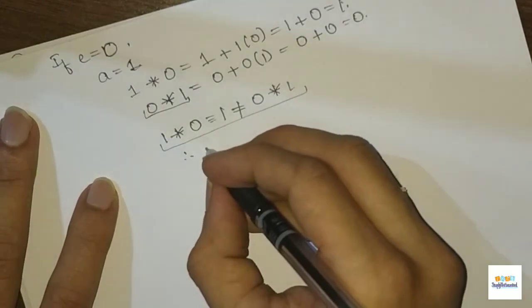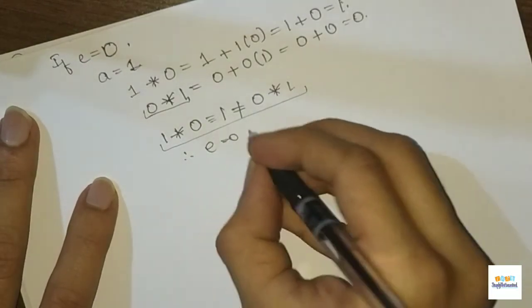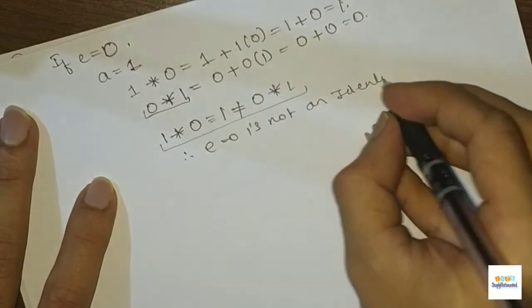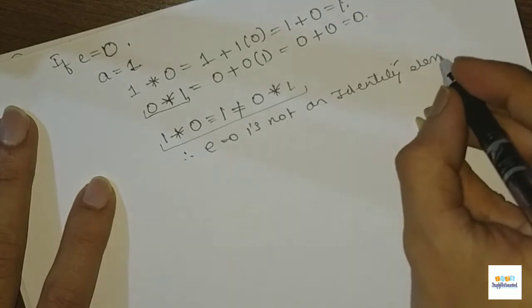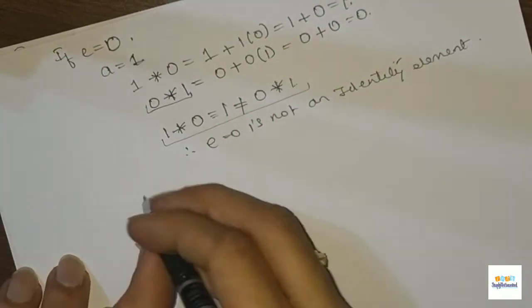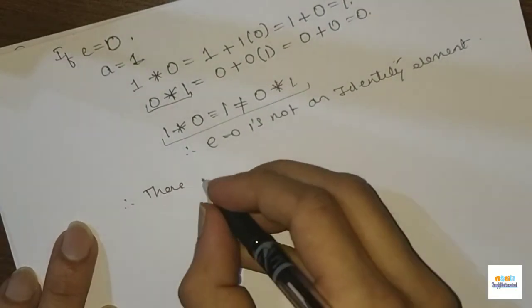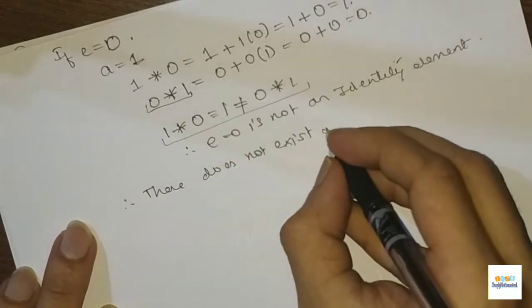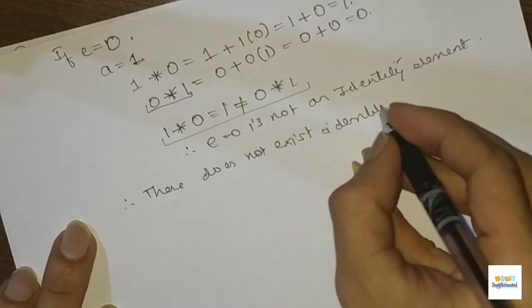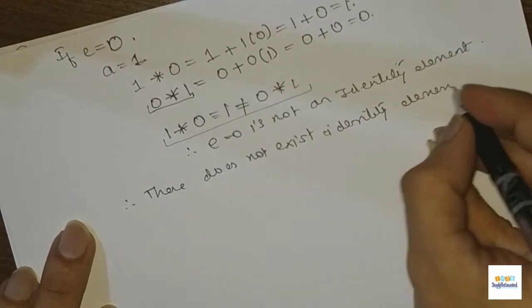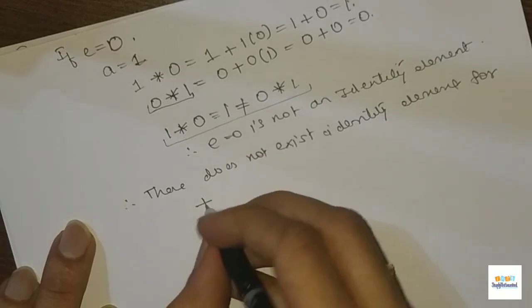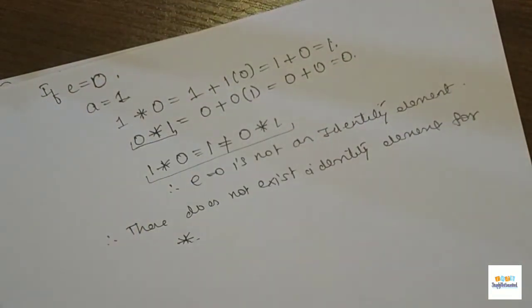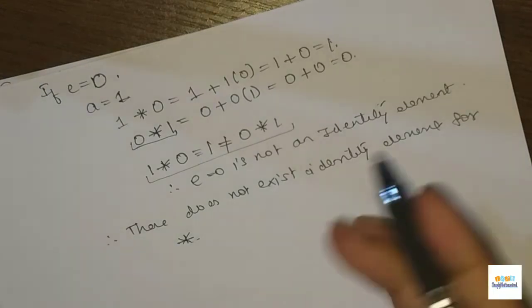Therefore E equal to 0 is not an identity element, okay? So therefore there does not exist an identity element for star, okay?